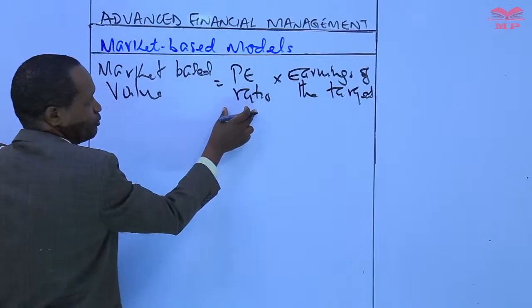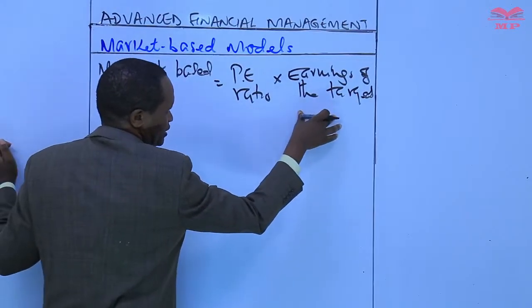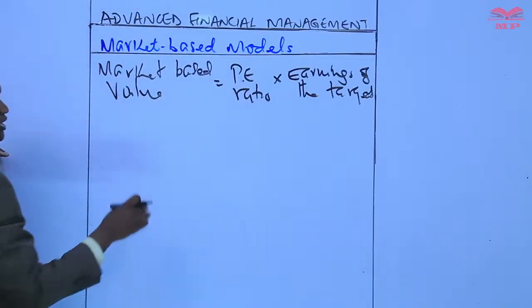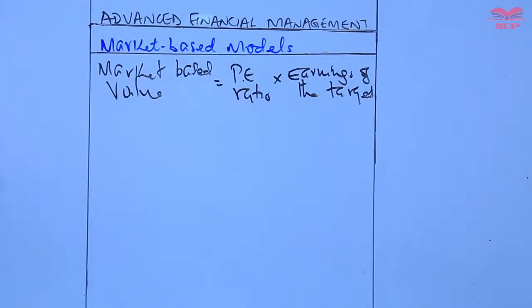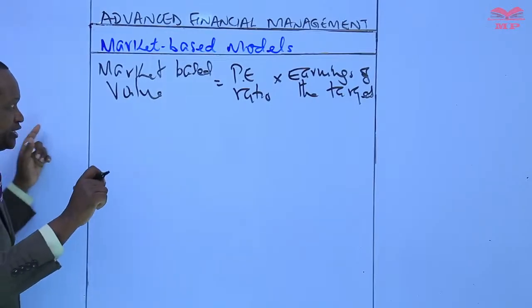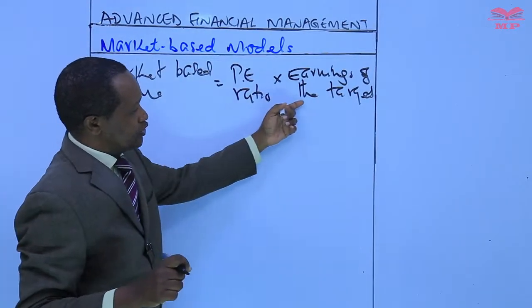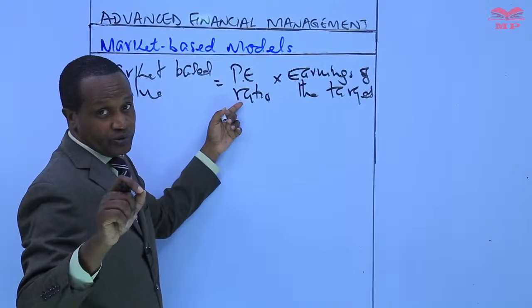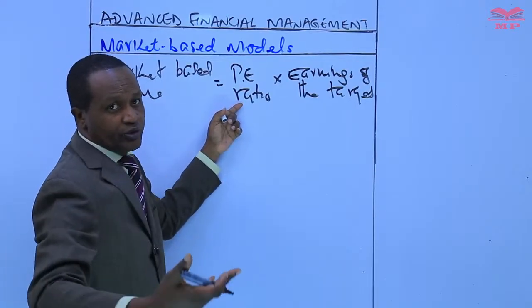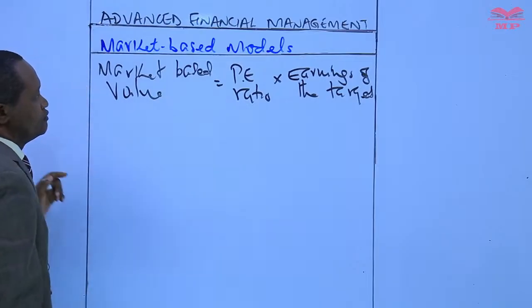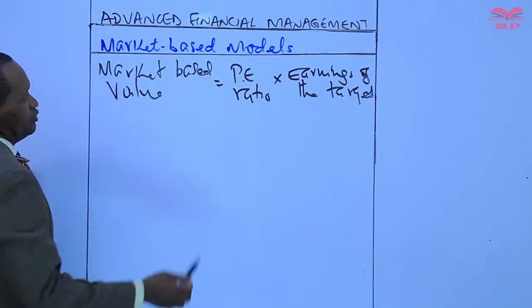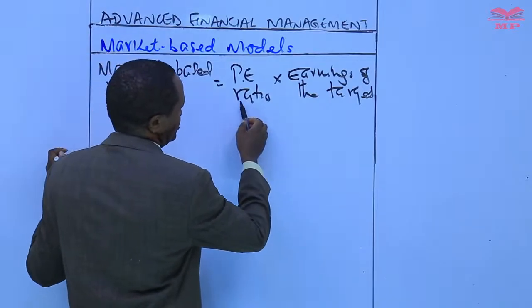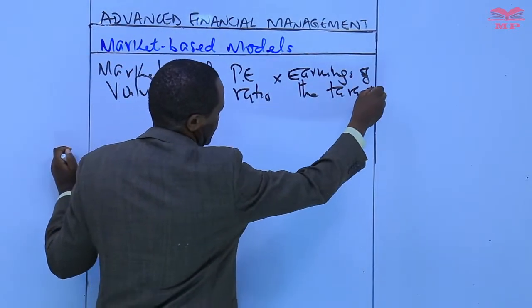So you take an appropriate ratio, then multiply it by the earnings of the target, and you get the market-based value. The earnings of the target show the current profitability of the company. Then the appropriate PE ratio reflects the growth prospects or risk of the company. So market-based value based on PE is equal to the appropriate PE ratio times the earnings of the target.